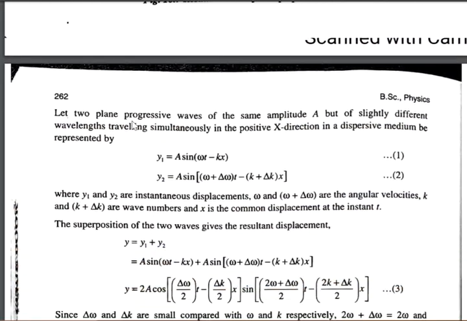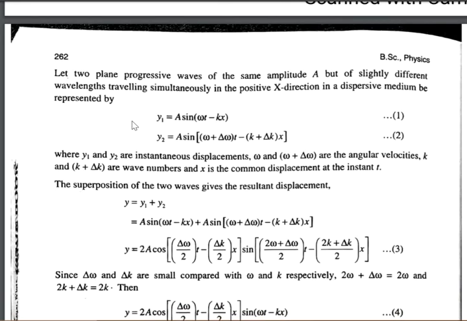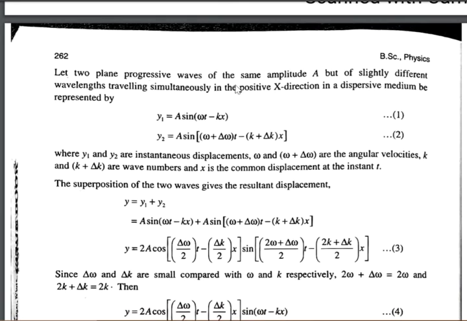From the above figure, you can understand, let us consider two plane progressive waves of the same amplitude A but slightly different wavelengths traveling simultaneously in the positive x direction in a dispersive medium. Remember, standing waves are created when identical waves travel in opposite directions. But here we are considering two progressive waves traveling in the same direction but with slightly different wavelengths.